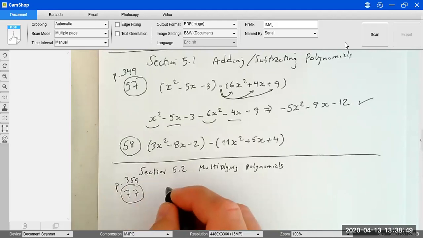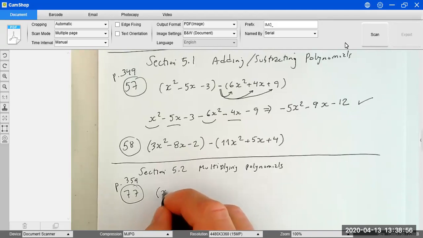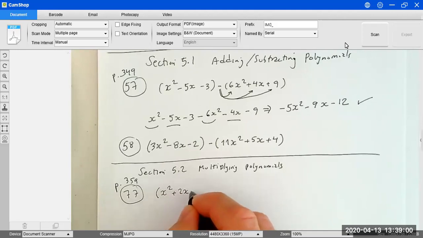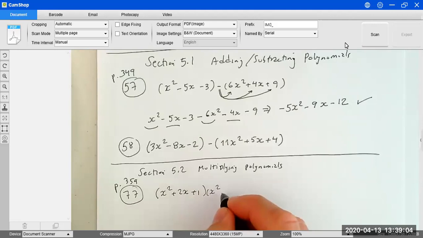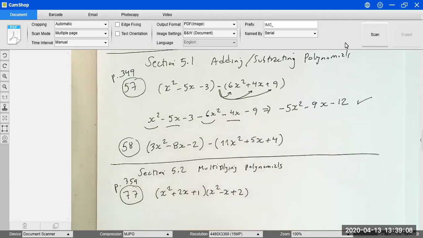So we have now two trinomials. We're gonna multiply two trinomials. We have x squared plus 2x plus 1 that multiplies x squared minus x plus 2.